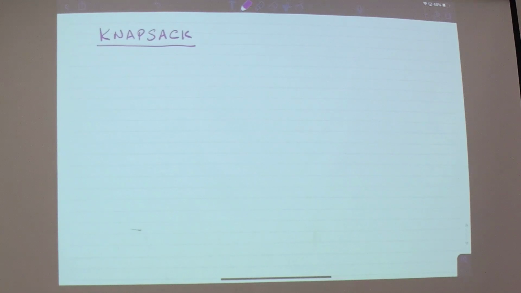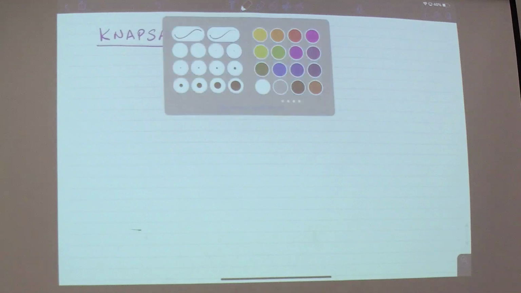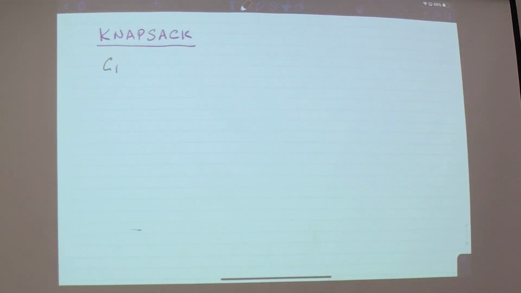So in the knapsack, the problem is the following. You're given a knapsack, which is, imagine the knapsack, of capacity, let's call it C. And you have items 1 through n.